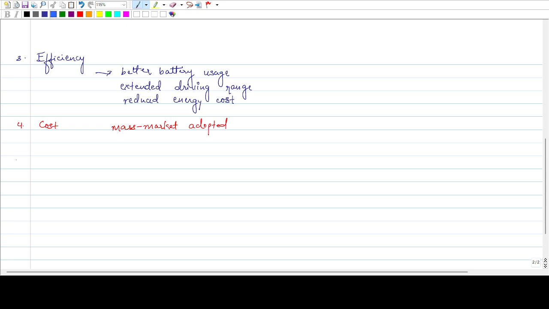The next criterion is size. When we speak about EVs, we always speak about compact size. We don't have a lot of space when it comes to EVs, so the physical dimensions and packaging of the motor should be as small as possible.